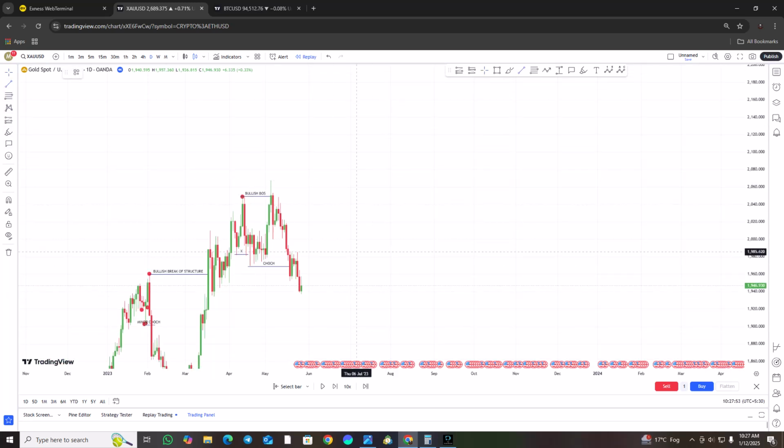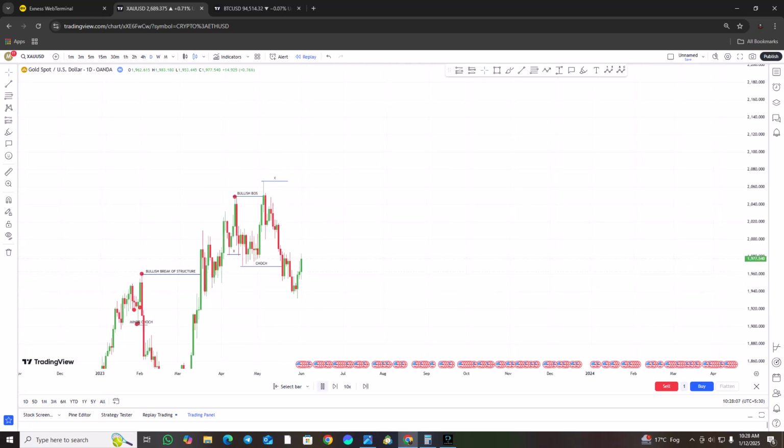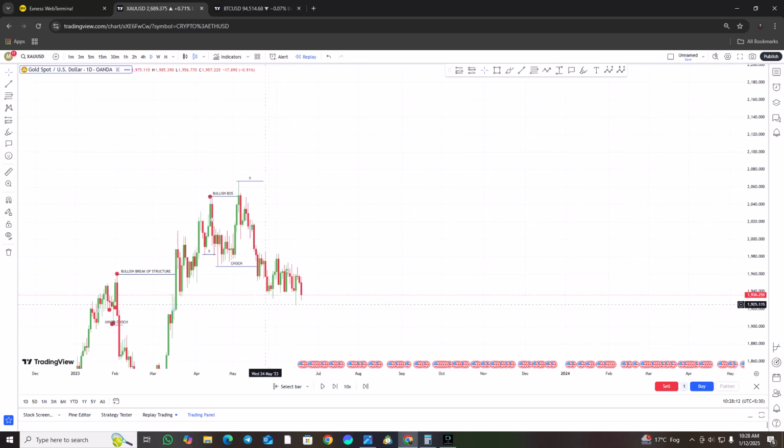The first thing I'm going to do is mark X. X is over here, where this is going to be the change of character of the market. Now you can see this was the first high, and then market gave this as low, and then we can mark this as X because this has the 3 candle pattern over here.